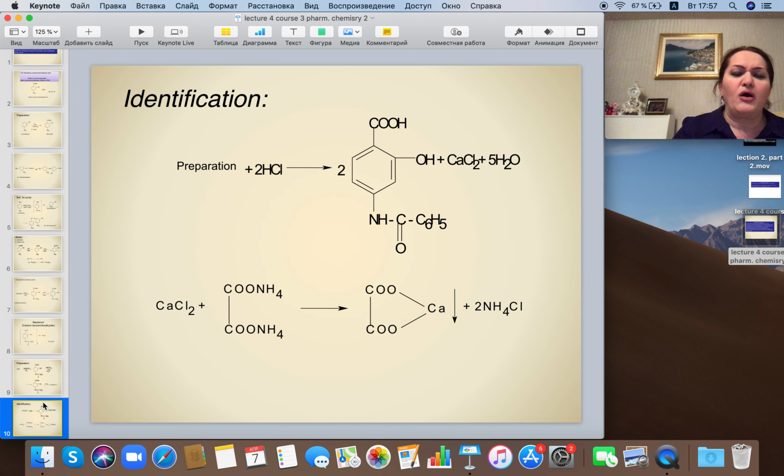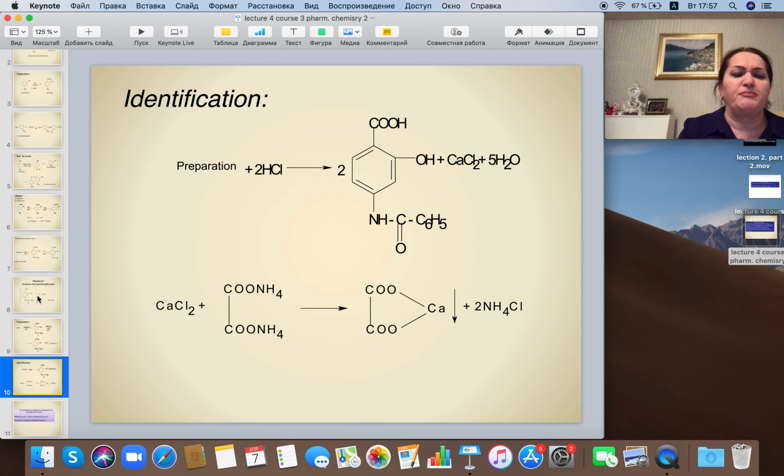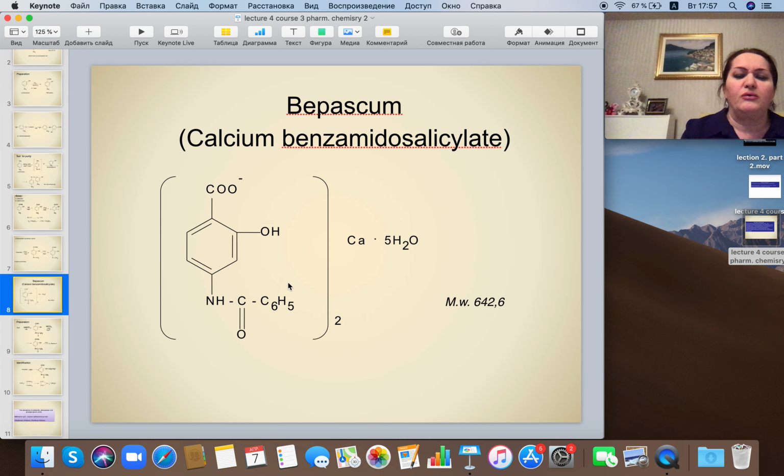And when we speak about the assay of this preparation, bipascum, we must say that it is determined by a complexometric method. You know this method from the first semester, and you know that the complexometric method is a quantitative determination of all preparations which have calcium, magnesium, bismuth, and other metals.